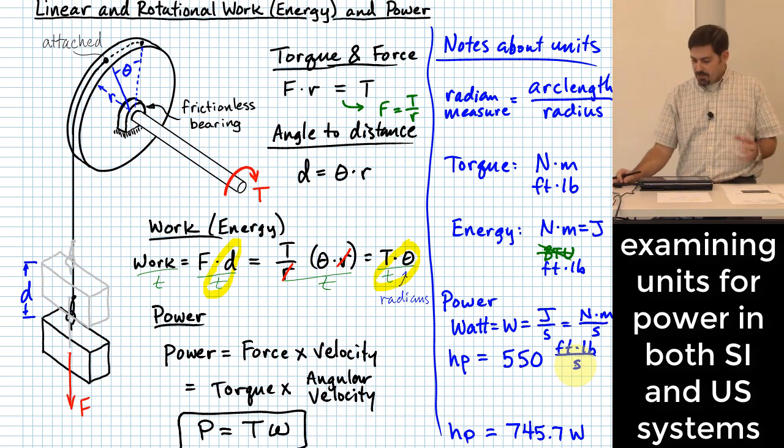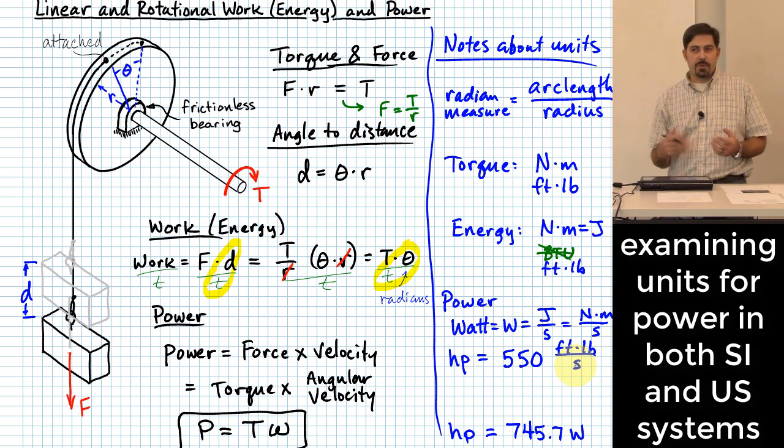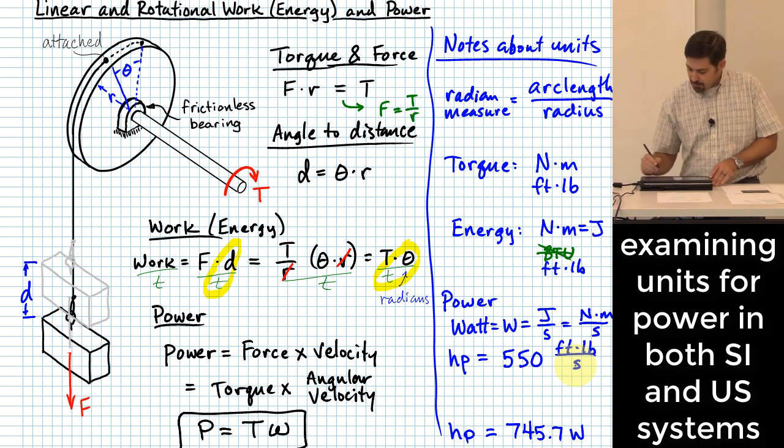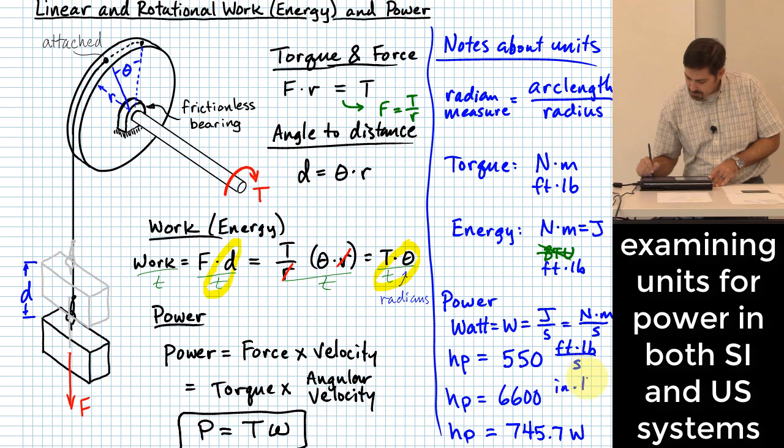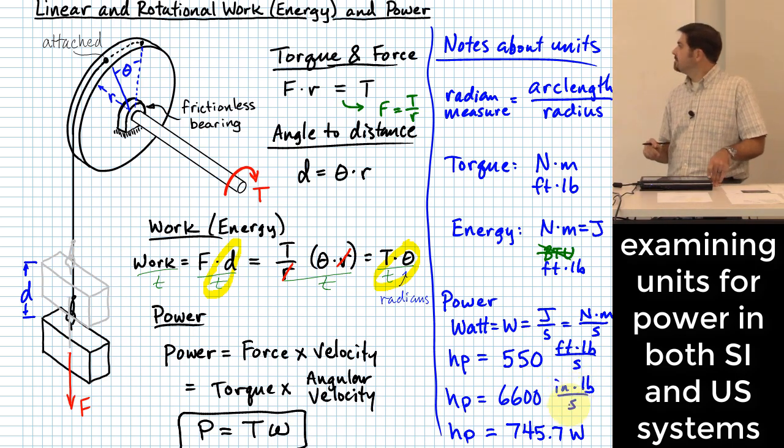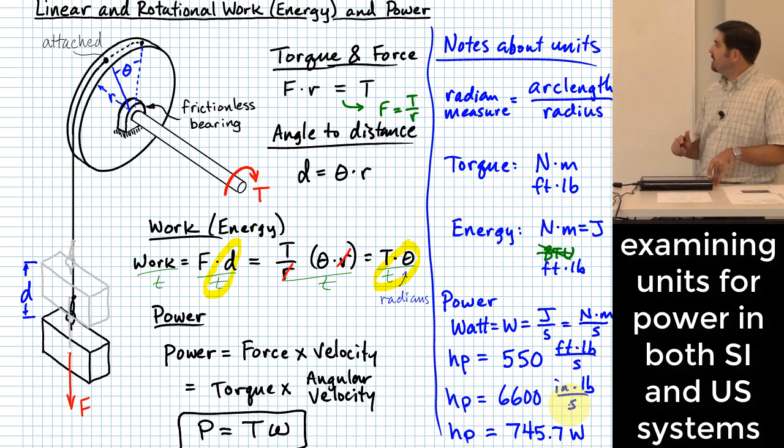And you could also express that in inch-pounds per second, right? It would be more inch-pounds per second than foot-pounds per second. So you'd basically multiply that by 12. Another definition of horsepower is 6,600 inch-pounds per second. Okay? So these are some handy units to know about.